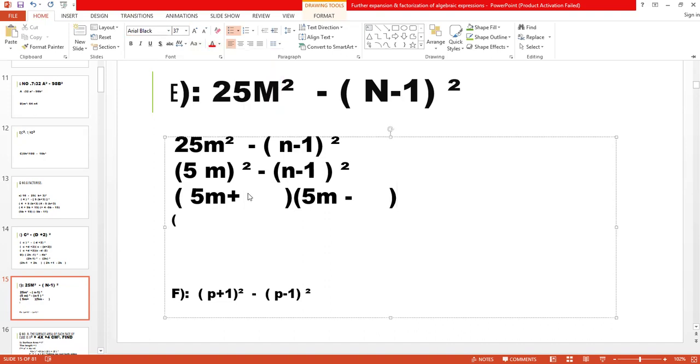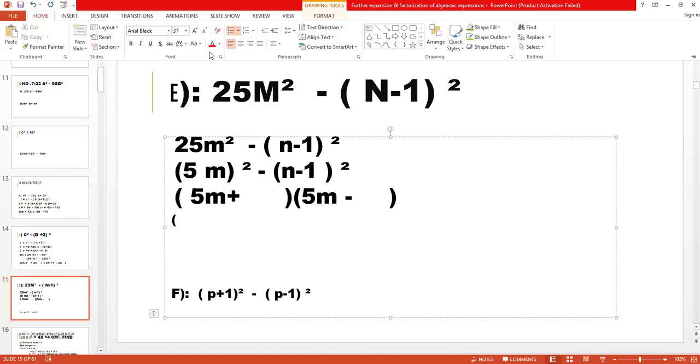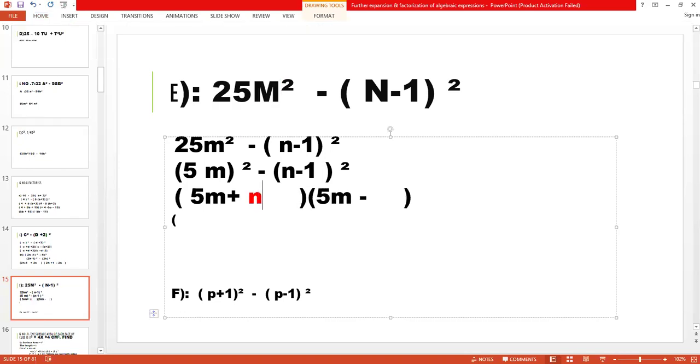Look here, n minus 1. So you have to write here n minus 1. This is the second term. And here a minus sign is already given. So you have to write this within a bracket. So you have to write n minus 1.